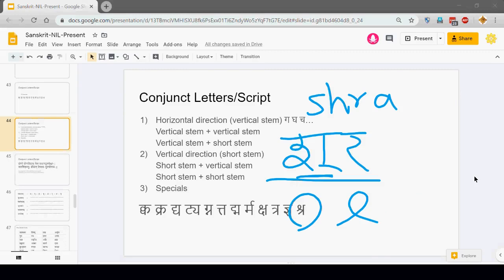And if it is a ra following that sh, as usual, we write the slant line at the bottom, shra. So Shri is written like this. Shri was the shra and the following vowel, Shri.